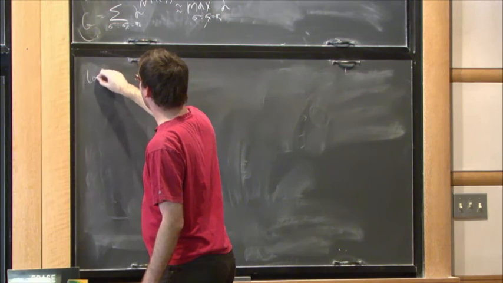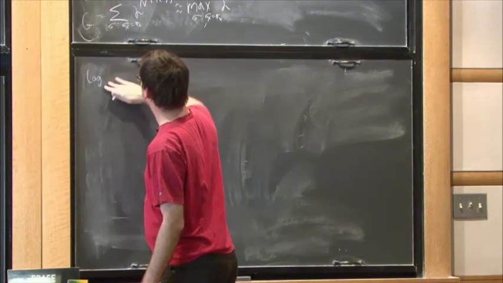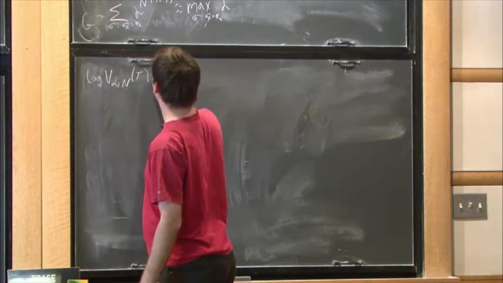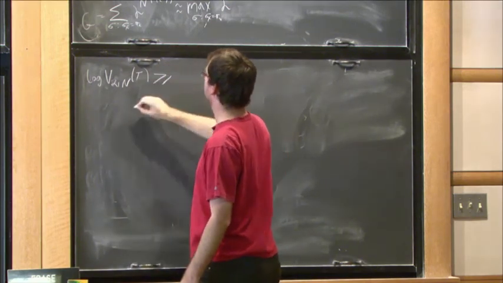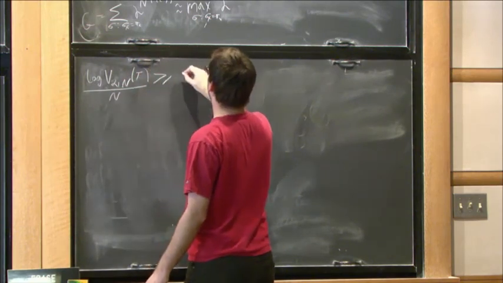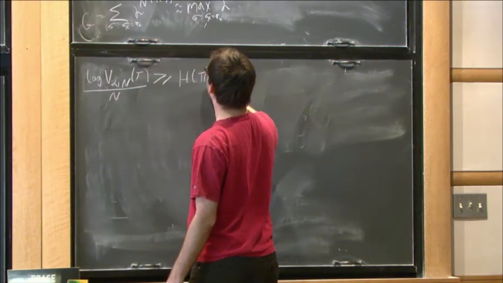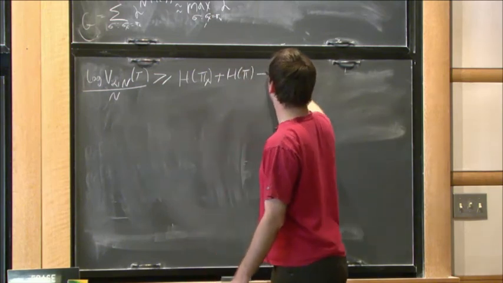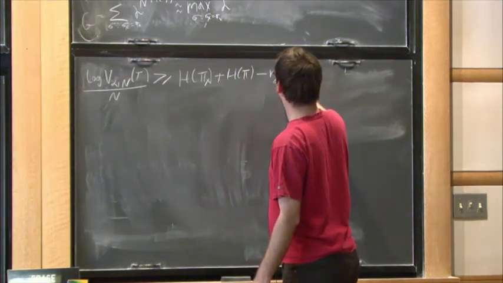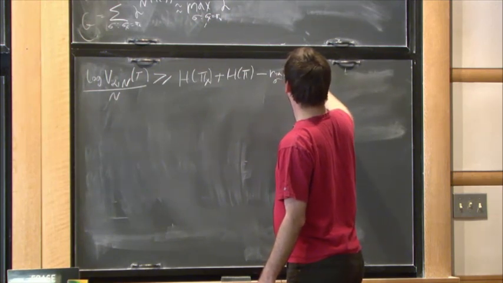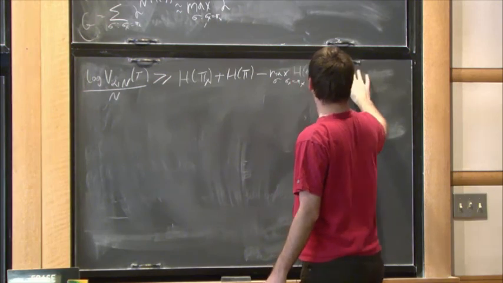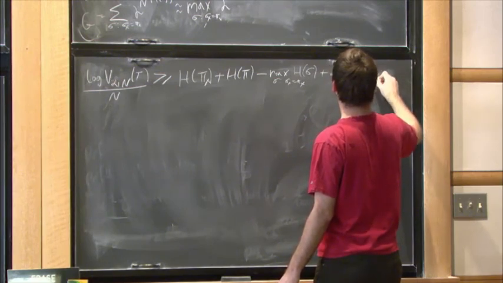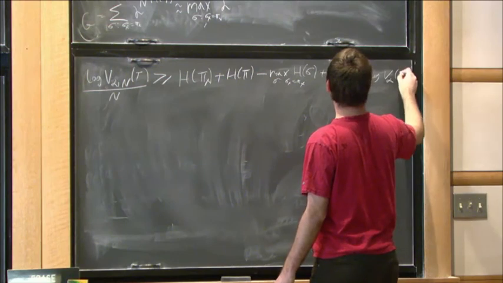So what we get is that if you look at the log of this lower bound that we get on the value, this is at least, well, we'll divide by n, h of phi x plus h of phi minus the maximum over sigma such that sigma x is equal to pi x of h of sigma, plus the sum over i of pi i times the log of the value of Ti.